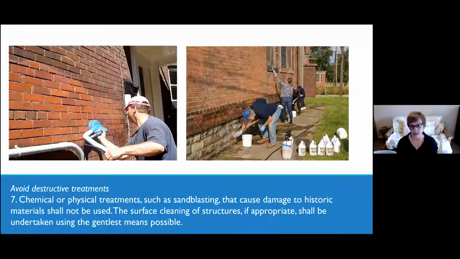But if, as part of a tax credit project, you are removing paint or stucco from a historic building, then that is something you could get a tax credit for, but we would have to review all the treatment methods you plan to use. And if you were using a treatment method that did not meet the standards, then your project would not qualify for a tax credit.